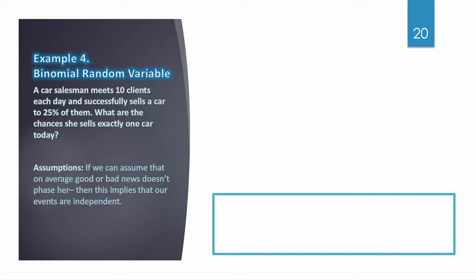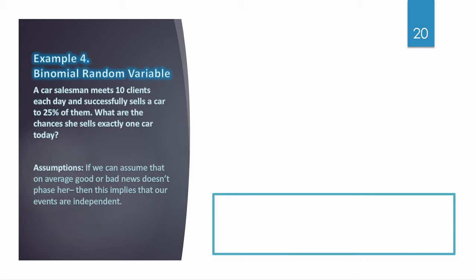Okay, so let's be very clear here. When we're saying that she sells a car to 25% of them, what we're saying is that on any one attempt, there is a 25% chance that she sells a car.